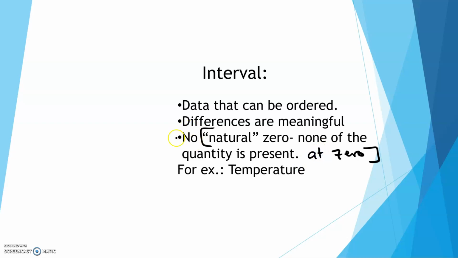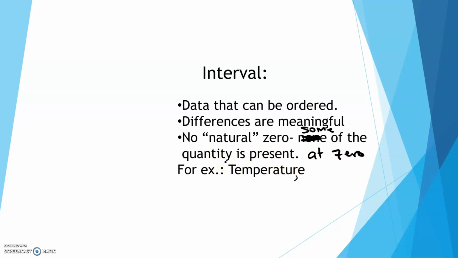Okay, so since we have no natural zero, that actually means that some of the quantity is present at 0. So we can change this: some of the quantity, whatever you're talking about, is present at 0.